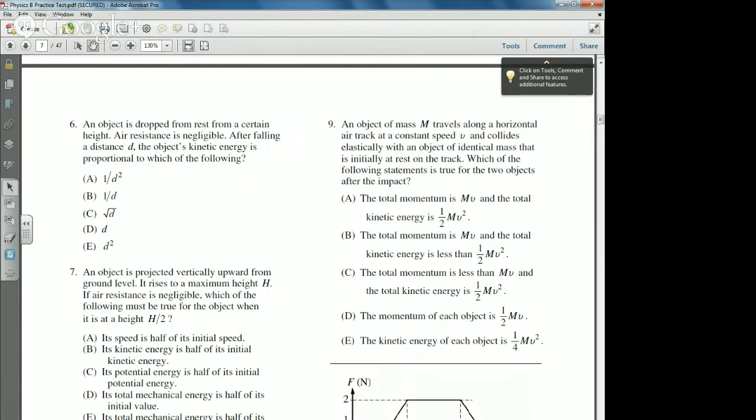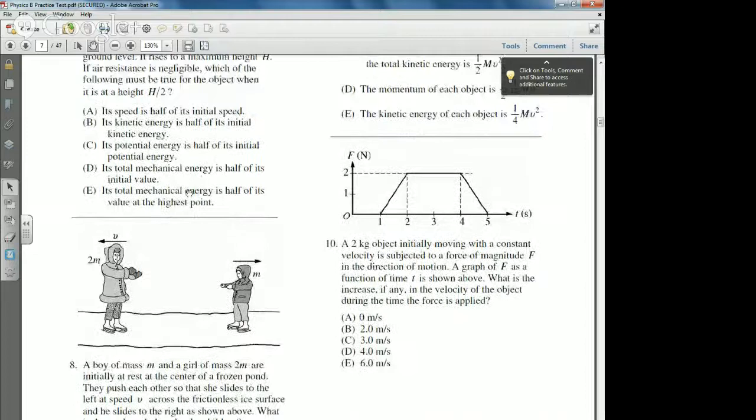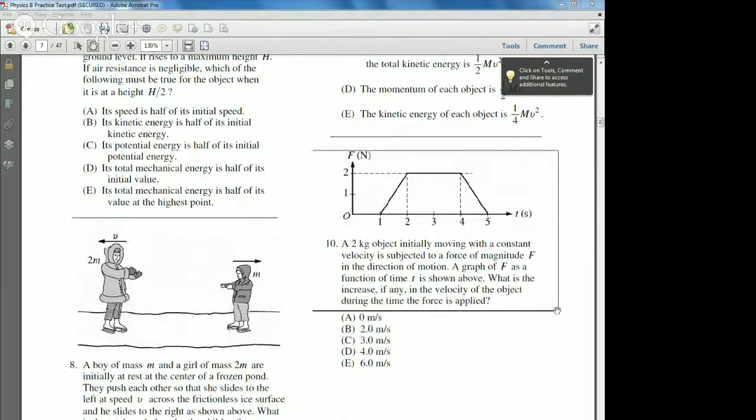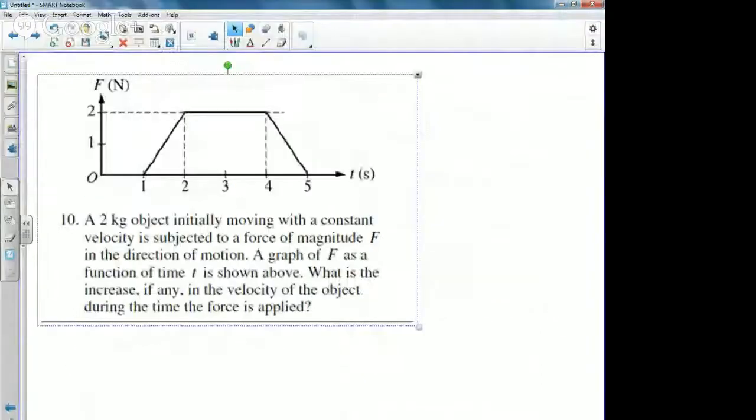Now, number 10 is an excellent question because this comes up very often on the AP. I told you guys that whenever you see a graph, the very first thing you have to do is write down what does slope equal to, what does area equal to, because that will give you a hint as to how to solve the problem.